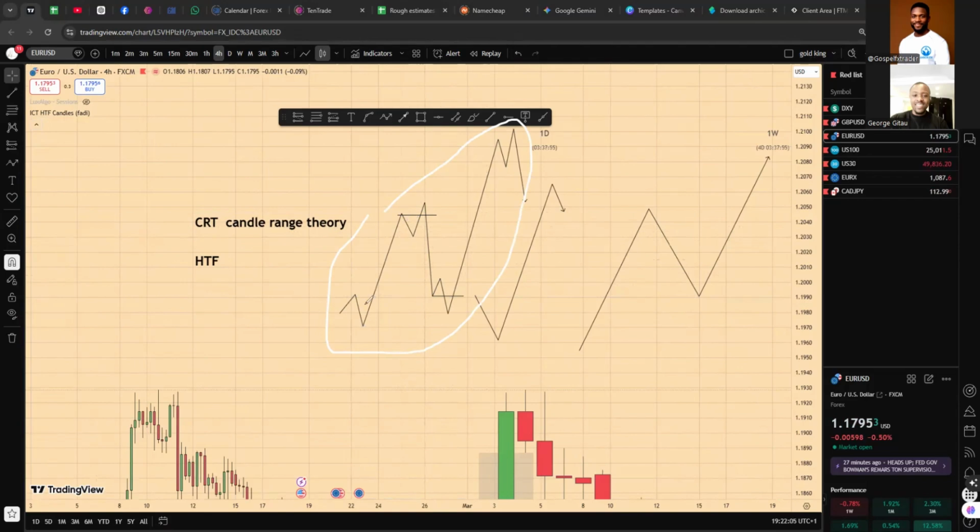Take note. It can possibly be that this was a single daily candle, but now this is the 1 hour time frame. So we have so many 1 hour candles here, but on the daily time frame, it was a single daily candle that traded up like this. The 1 hour is the time frame that gave us a range.